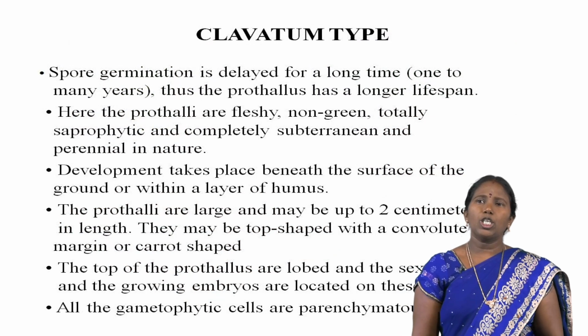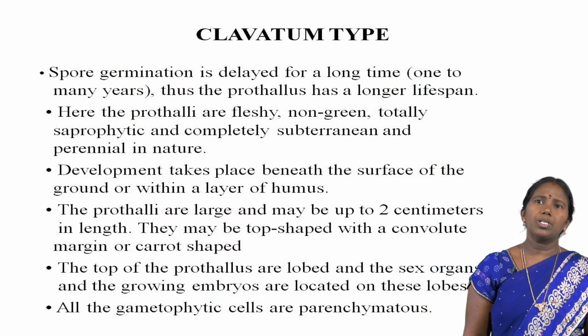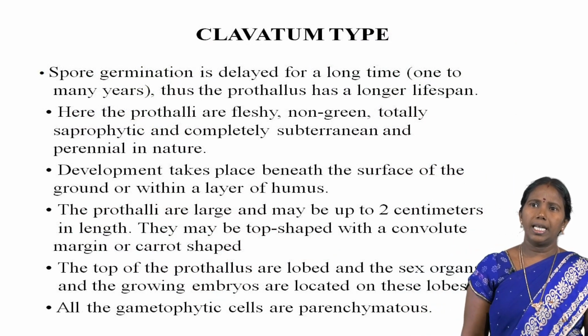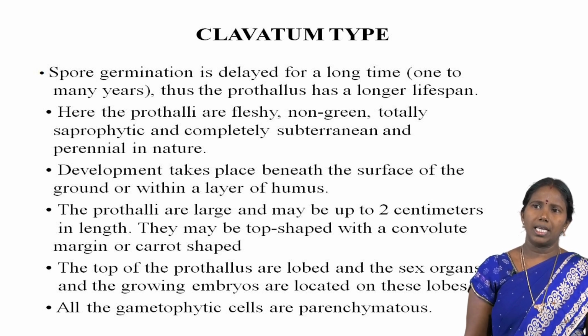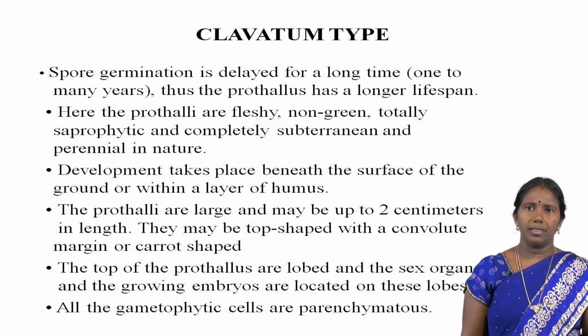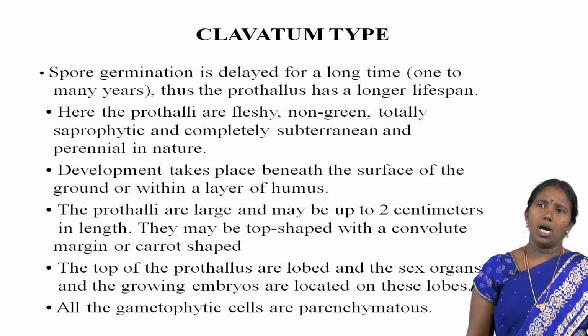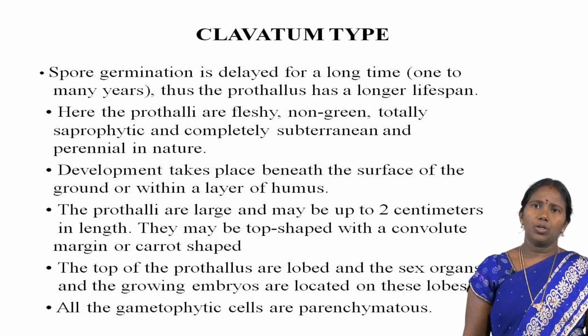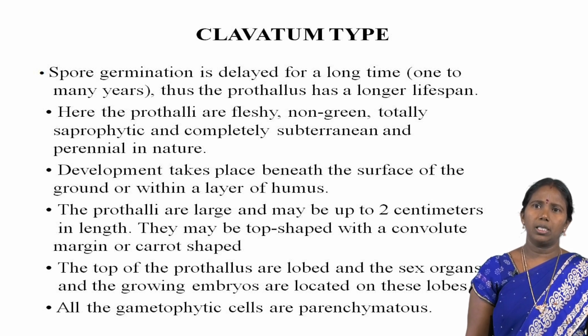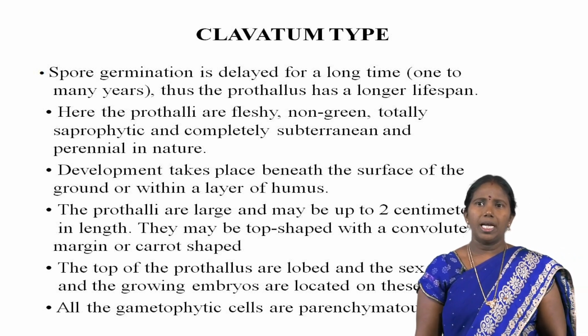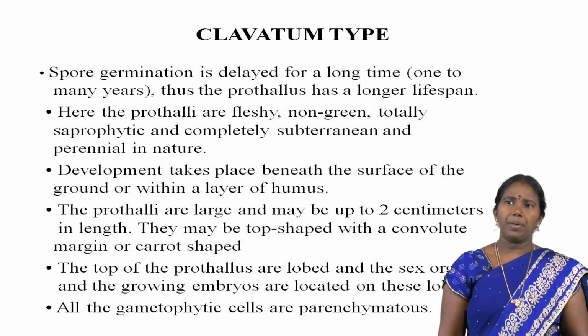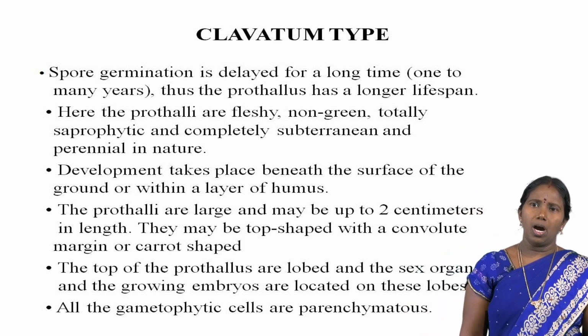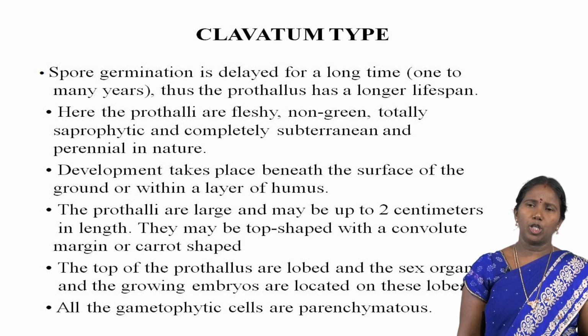Next, the Lycopodium clavatum type. Spore germination is delayed for a long time, so the prothallus has a longer lifespan. Here the prothalli are fleshy, non-green, saprophytic, completely subterranean and perennial in nature. Development takes place beneath the surface of the ground or within a layer of humus.